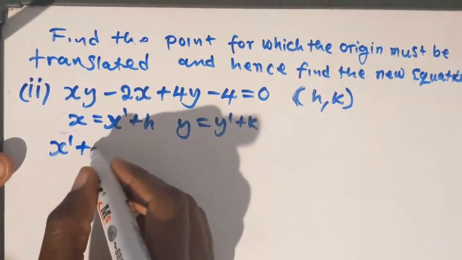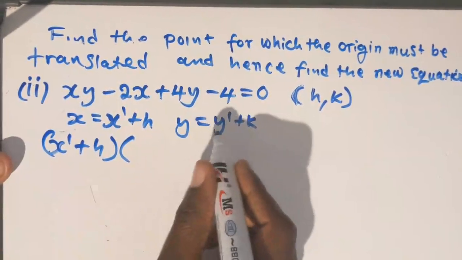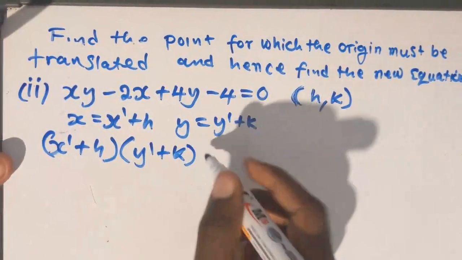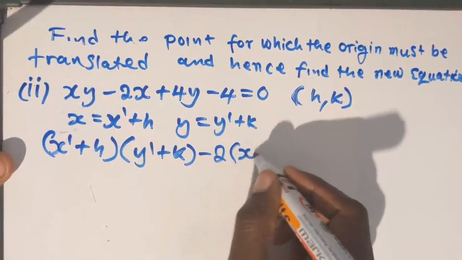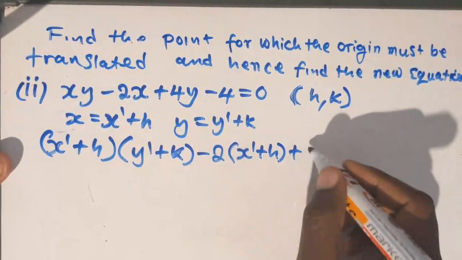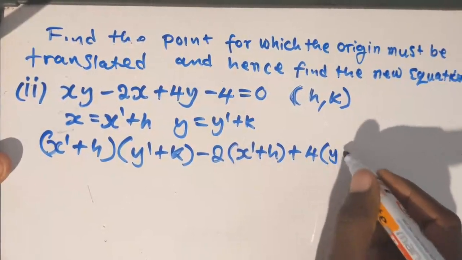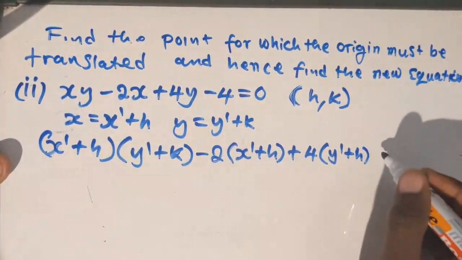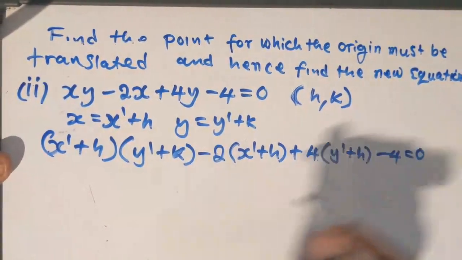plus h multiplied by y prime plus k, minus 2 open bracket x prime plus h, close bracket, plus 4 multiplied by y prime plus k, then minus 4 equal to 0.